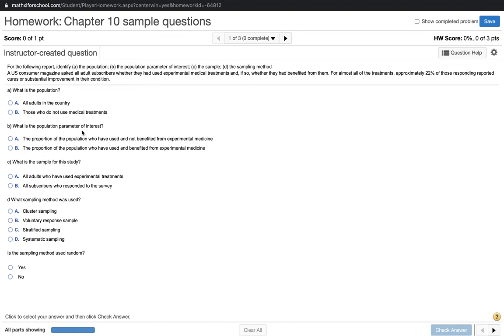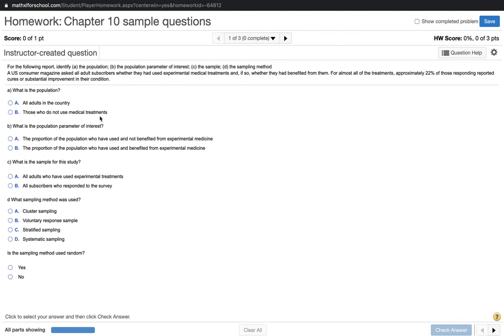Remember, the population is the group that we hope to learn about by conducting the study. Our choices are all adults or those who do not use medical treatment. Well, it's a 50-50 chance.